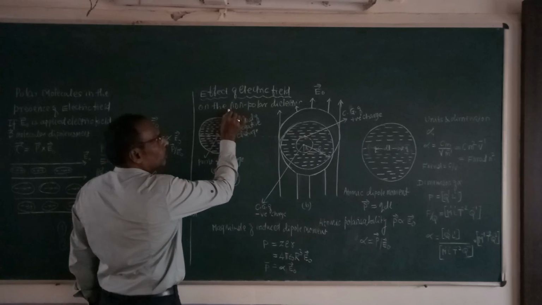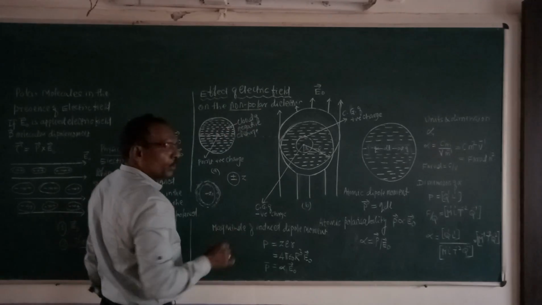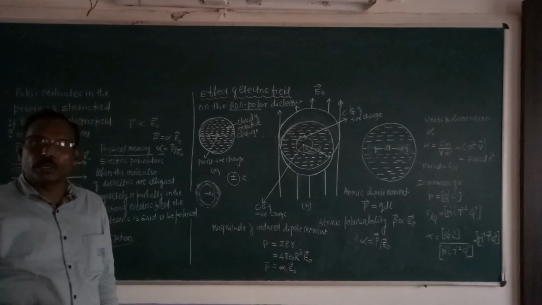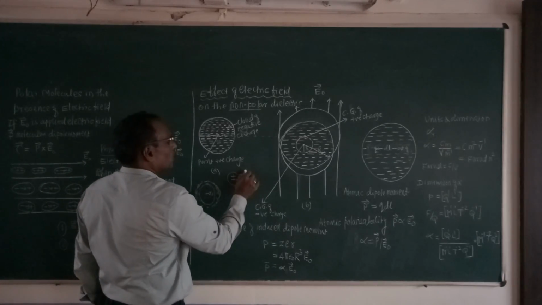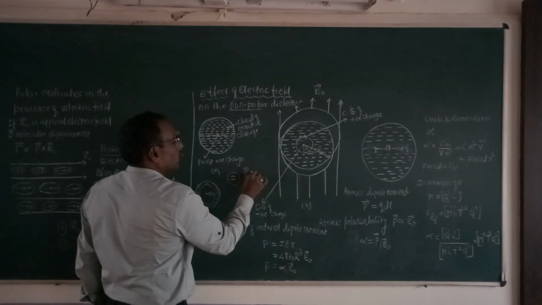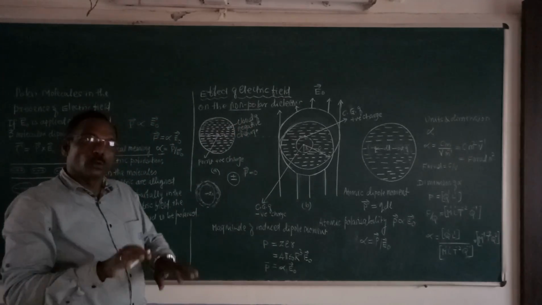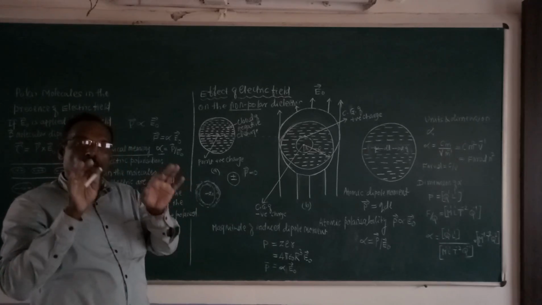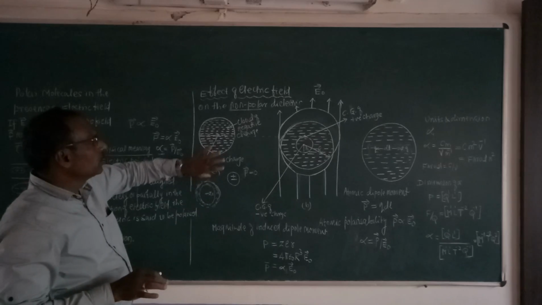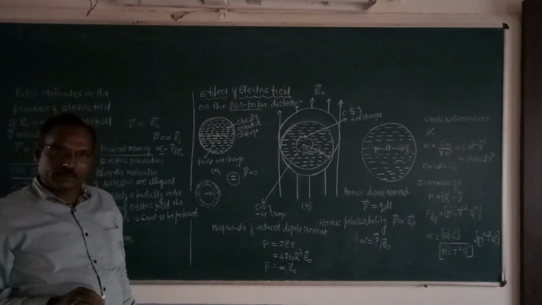In the case of non-polar molecules, the net dipole moment per unit volume is 0. The dipole moment P is equal to 0 in the case of non-polar, when that non-polar molecule or atom is not placed in an electric field.